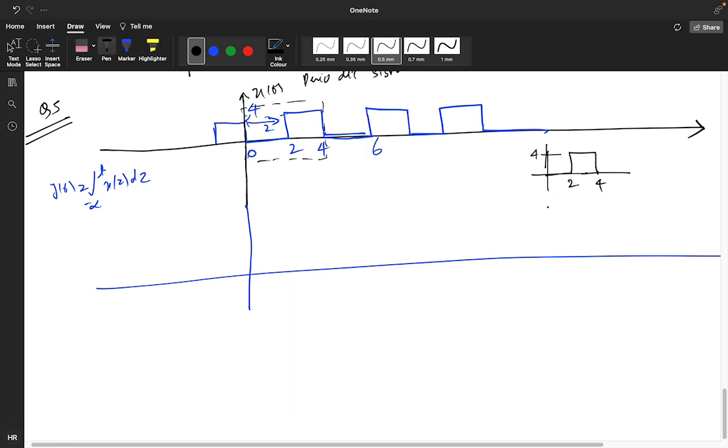So what will be the equation of this? x of t is 4 u of t minus 2 minus 4 u of t minus 4, because 4 is getting added and then negative 4. Then integrate this, what will you get? 4 r of t minus 2 minus 4 r of t minus 4. That's it.